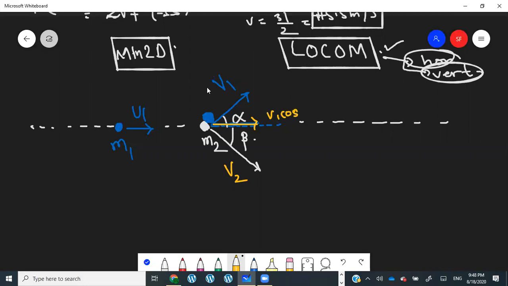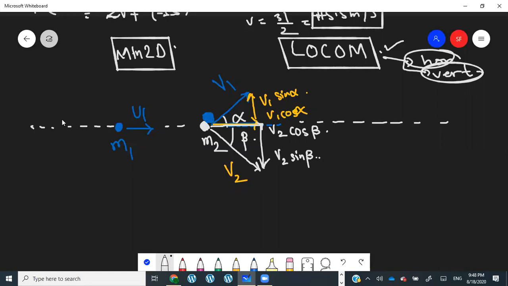The horizontal component of v1, so it's alpha. And what's the vertical component of v1? Sine. And what about v2? The horizontal component of v2 is v2 cos of beta. And the vertical component of v2 is v2 sine beta.